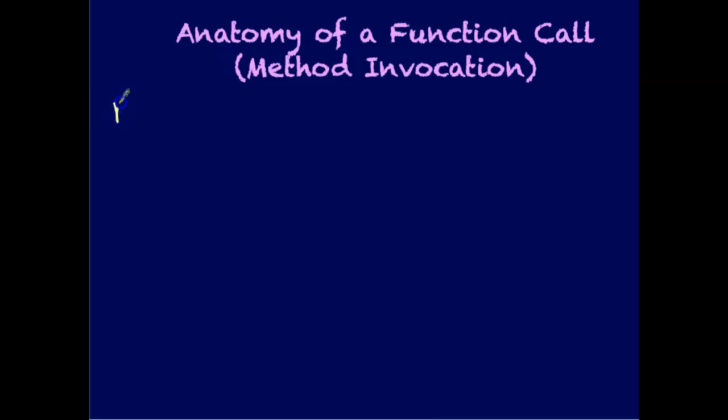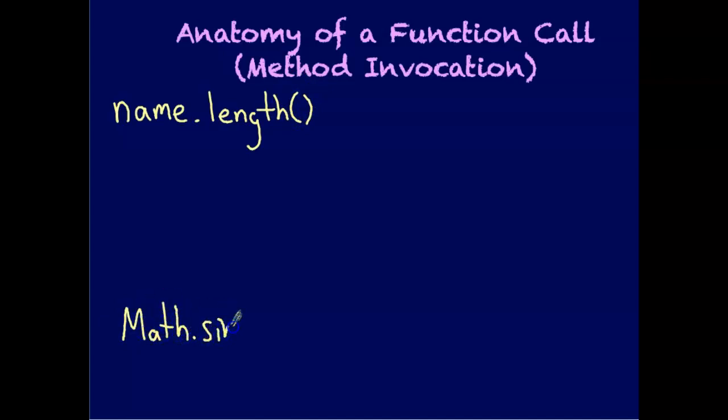So the first call we had was name.length, where name was a string. And this length function is a non-static function. We also had math.sine, and the sine function had an argument. And in each of these cases, there are some similarities and there are some differences. And so let's do the generalization here.